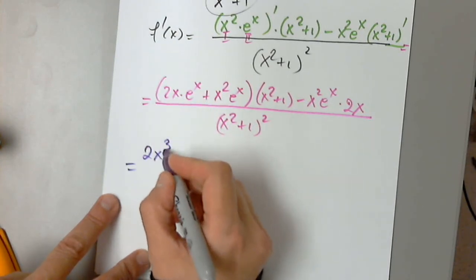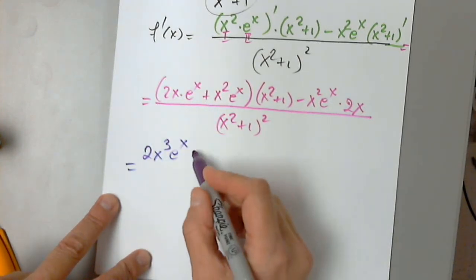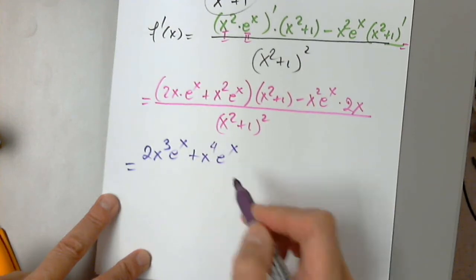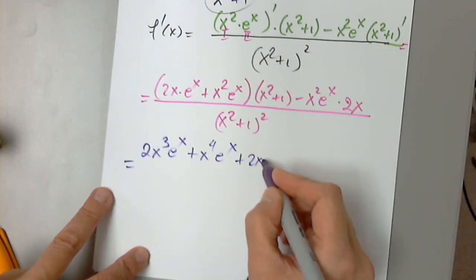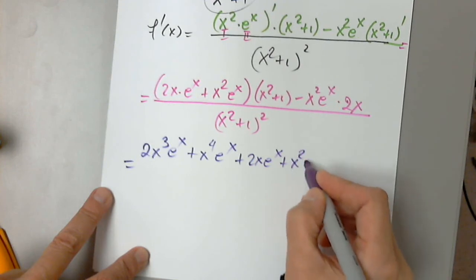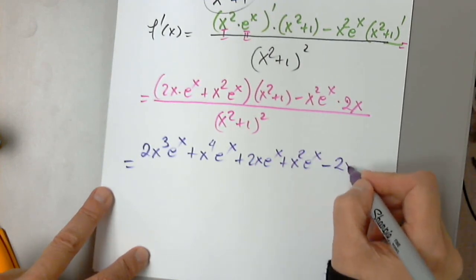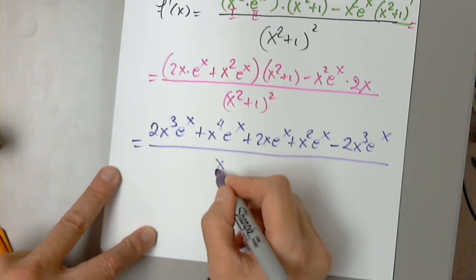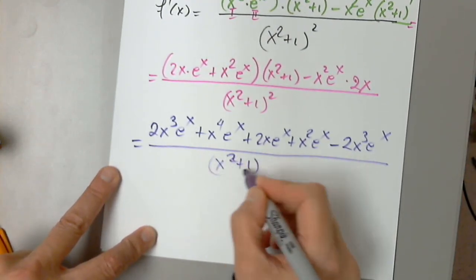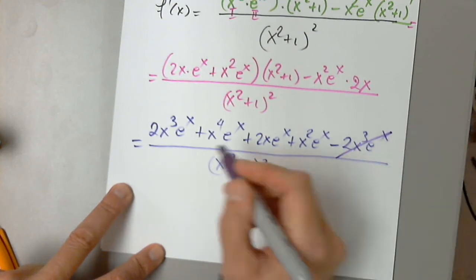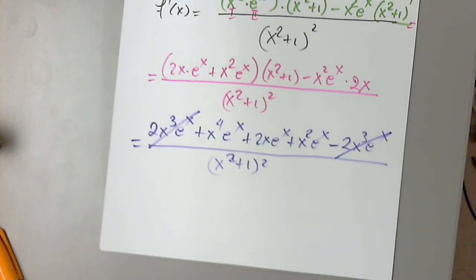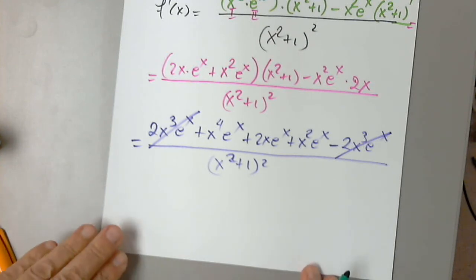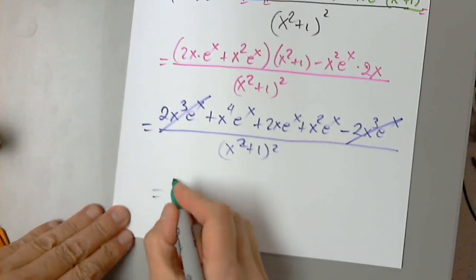So 2x cubed e to the x plus x to the fourth e to the x plus 2x e to the x plus x squared e to the x minus 2x cubed e to the x over x squared plus 1 squared. The only two terms that go away are these two. And yes, I will factor out x e to the x.